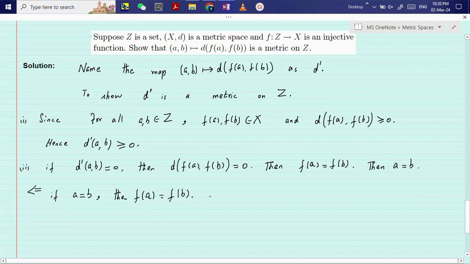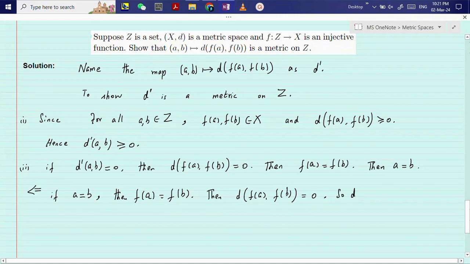And since d is a metric and f of A, f of B belong to X, and d is a metric on X, then by the property of a metric, d of f of A, f of B is equal to 0, because they both are equal. And this is equal to d dash of AB.